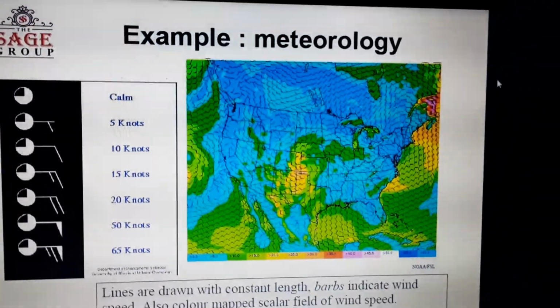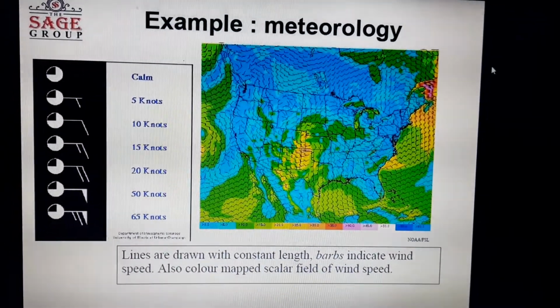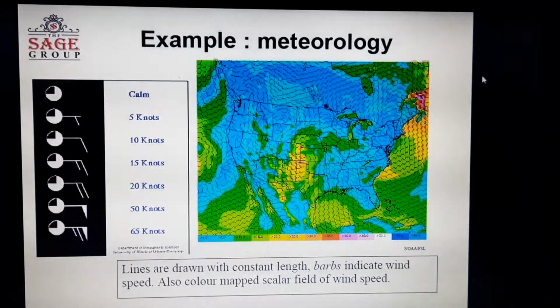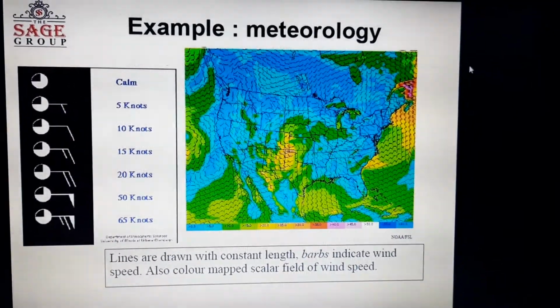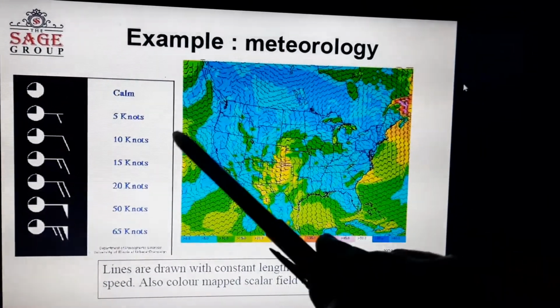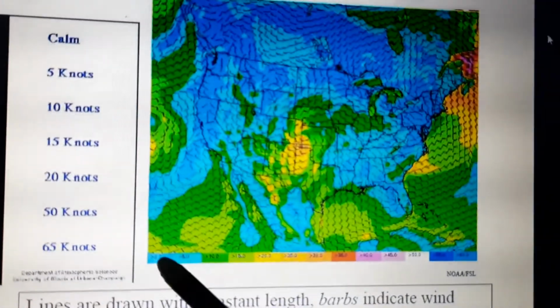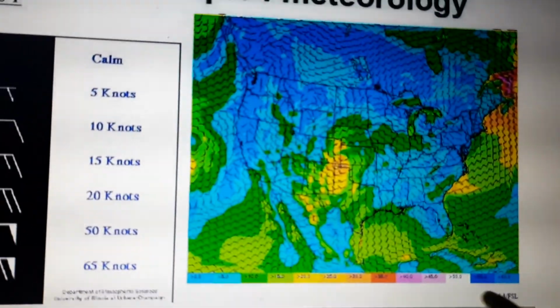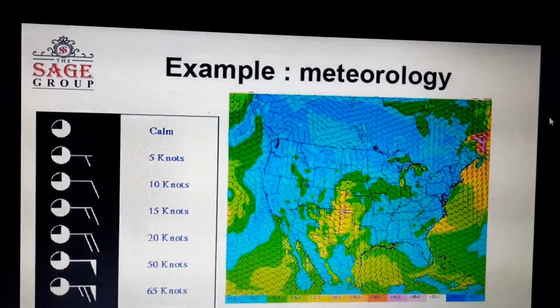Lines are drawn with constant length. Barbs indicate wind speed, and color mapping shows the scalar field of wind speed. The two methods are used here. For scalar data, we have used the color mapping technique, you can see the bottom line here. And for the direction of wind, we have used these lines.